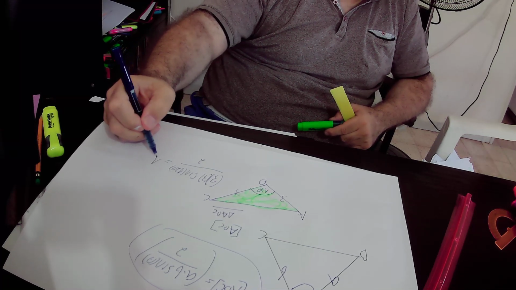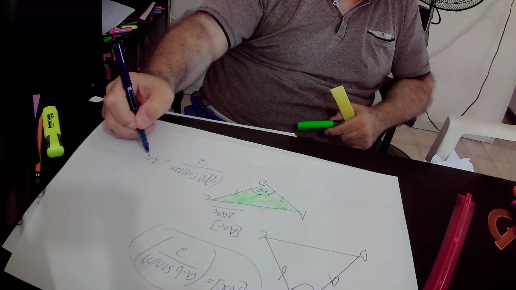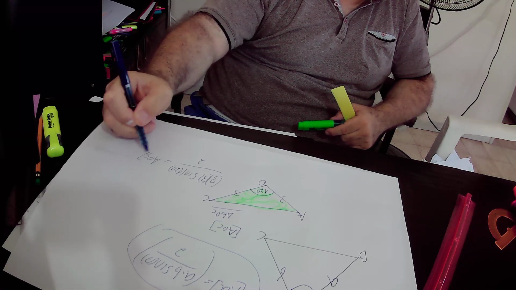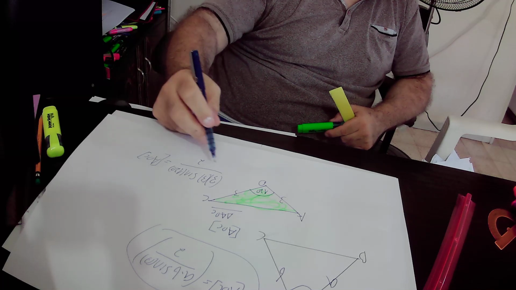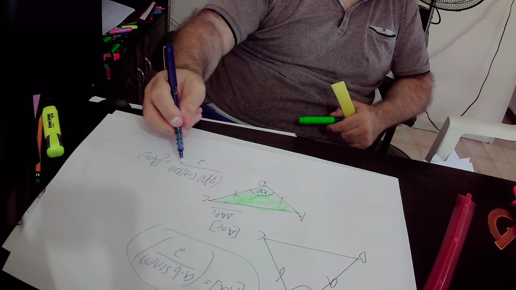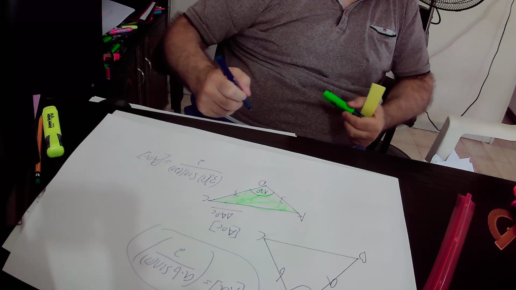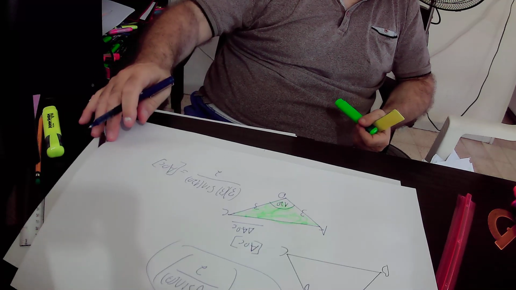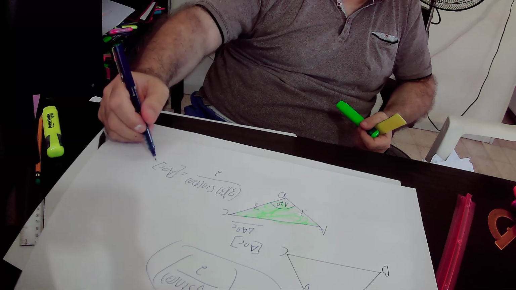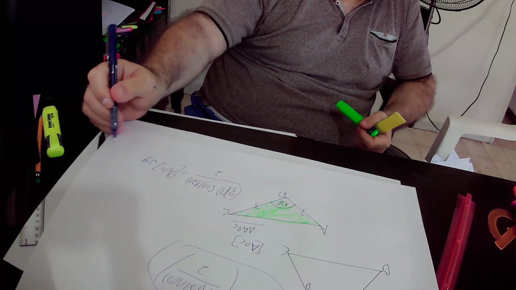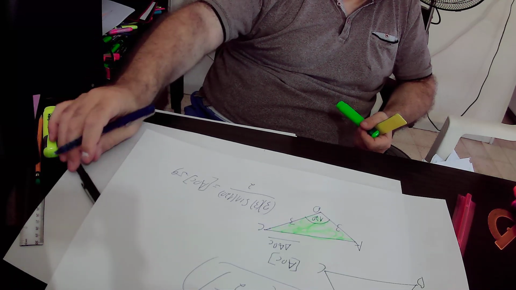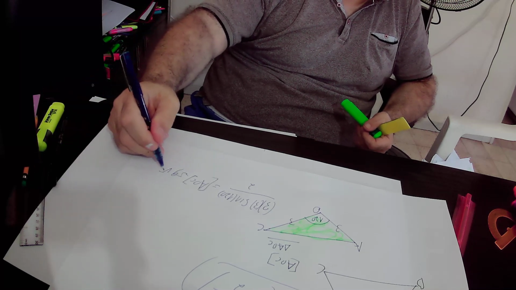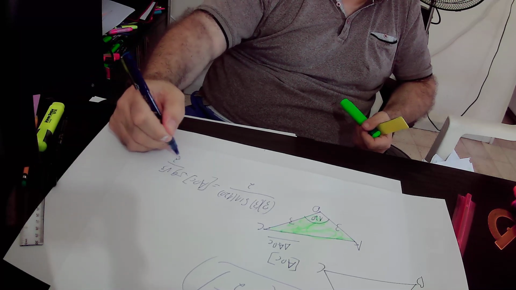Repeat again, the area of this triangle AOC, the green triangle, will be equal to 3 times 3 times sine 120 degrees over 2. 3 times 3 is 9. Sine 120 degrees is equal to square root of 3 over 2, all divided by 2.